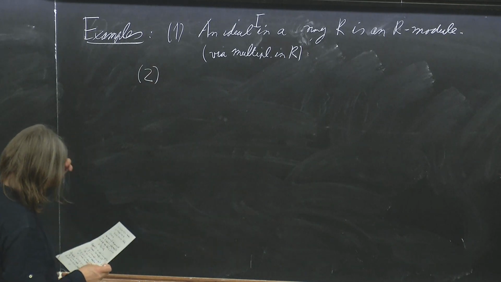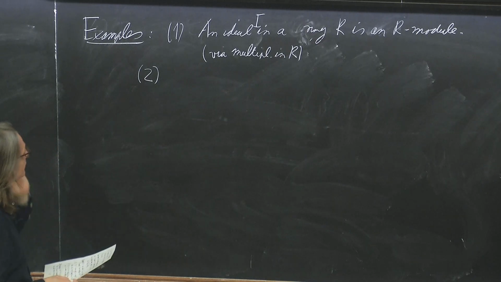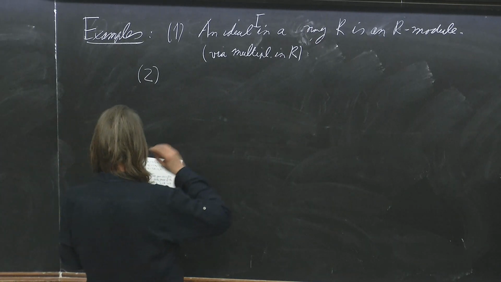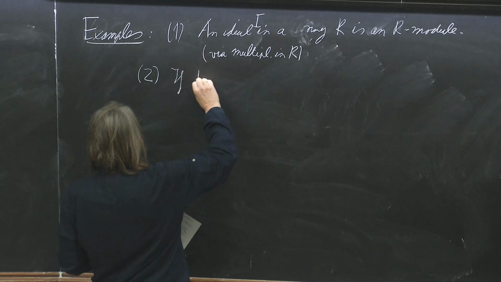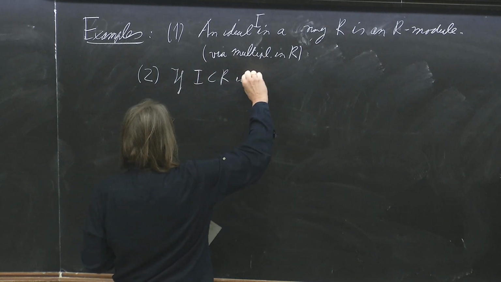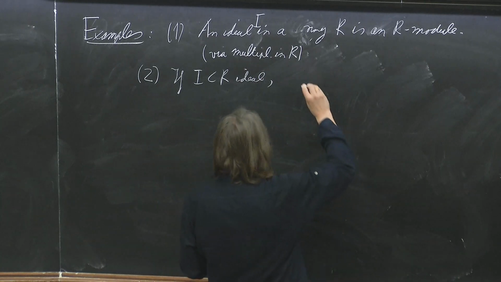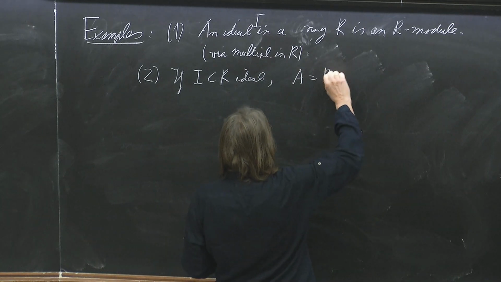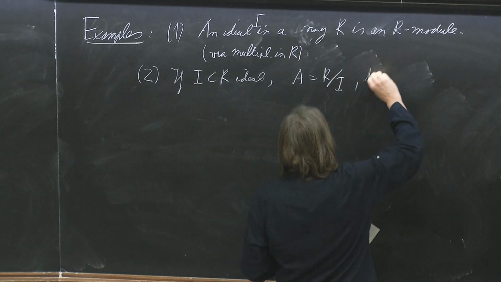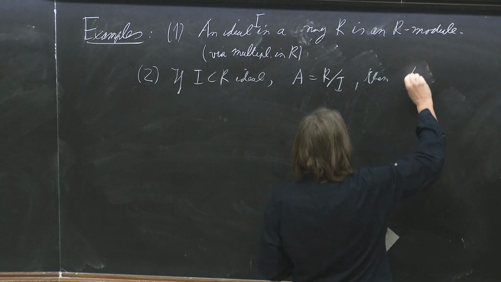Then we can also take the quotient by an ideal. So if I in R is an ideal, and A is R mod I, then A is an R-module.